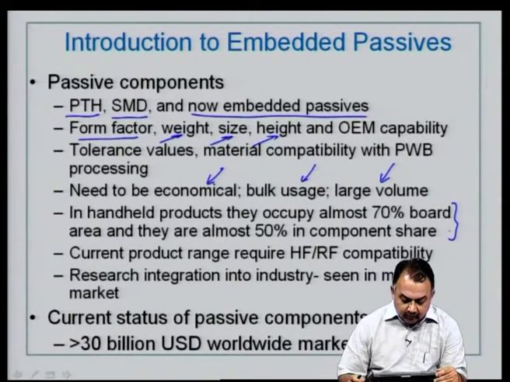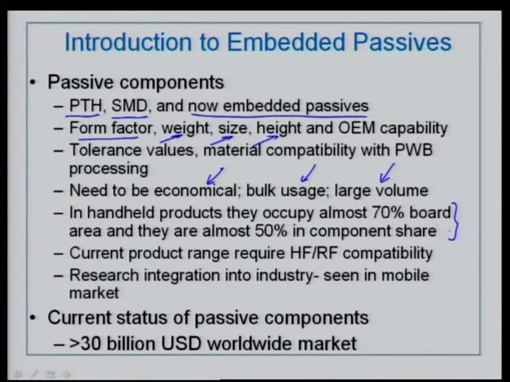The current product range requires high frequency and RF compatibility, and research integration into industry is currently seen in the mobile market. Okay. So, as far as embedded passives are concerned, we have seen some kind of integration of the research results into the industry as far as mobile market is concerned, whereas for other products it is still in the prototyping stage.